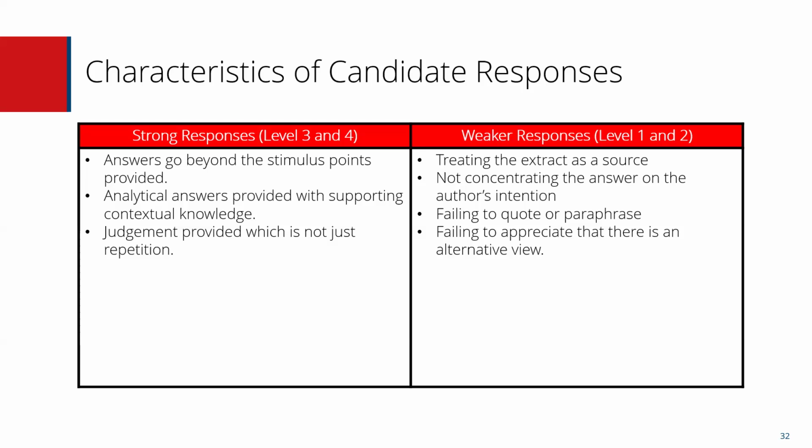And then you can see the weaker ones here, that treating the extract as a source is something that in the summer we saw some of the weaker answers doing. Not looking at alternative views as well, and not using the extracts and the sources appropriately, treating the extract as a source, that sort of thing.